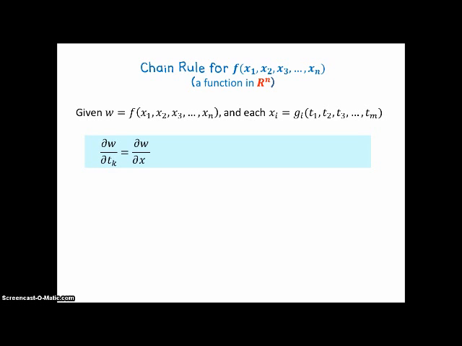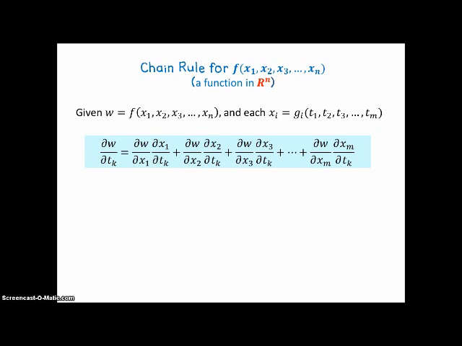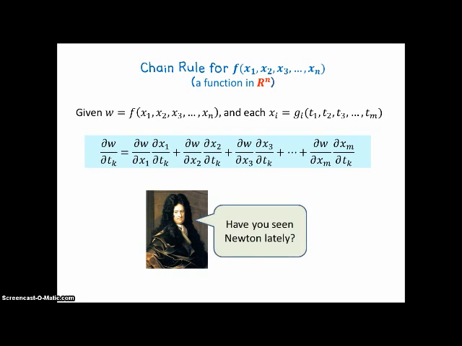Well then, for each independent variable t, we have a sum of n terms, each one being the partial derivative of w with respect to each of the x's times each of the x's partial derivatives with respect to that particular tk. So we would have m of these partial derivatives. And Leibniz says, have you seen Newton lately?